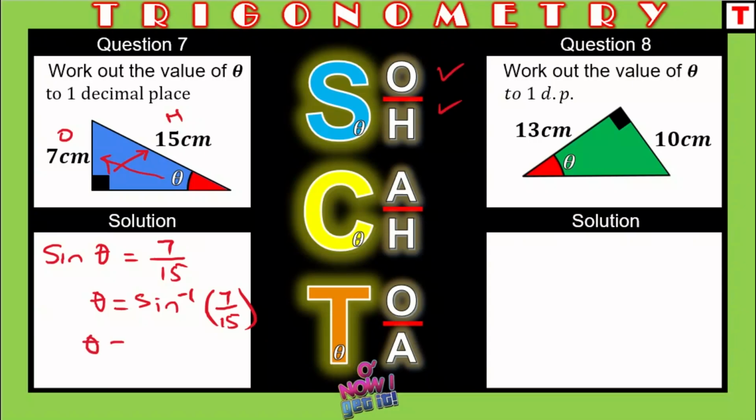So therefore, we now have sine inverse of this fraction, and this is going to give us a value of 27.81 and so on. But again, we want our answer recorded to 1 decimal place. Therefore, we're going to be going to the 1, and since 1 is less than 5, we're going to be rounding down. So our answer there for theta would just be 27.8 degrees.